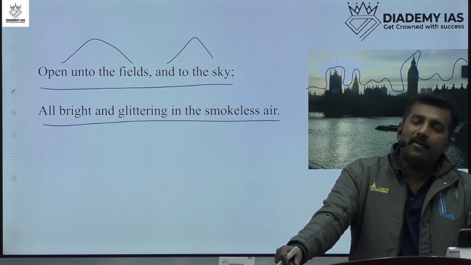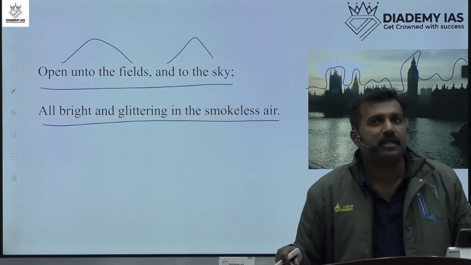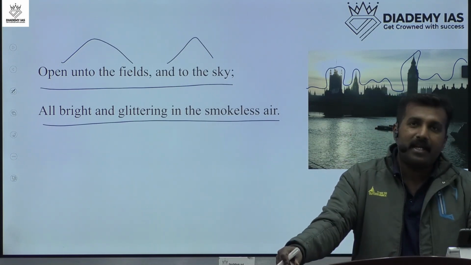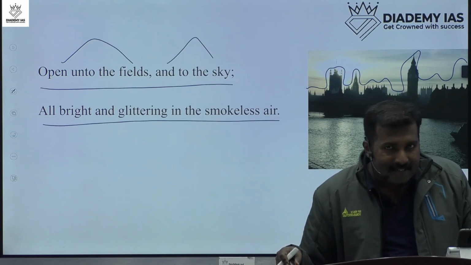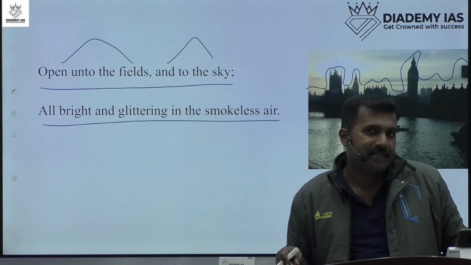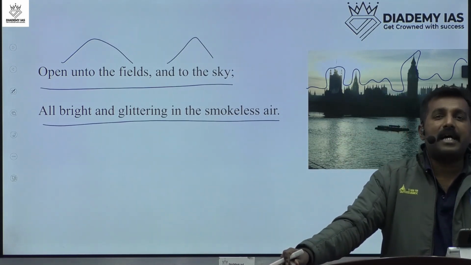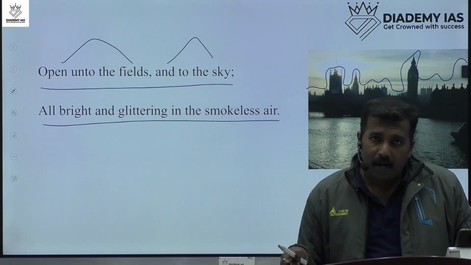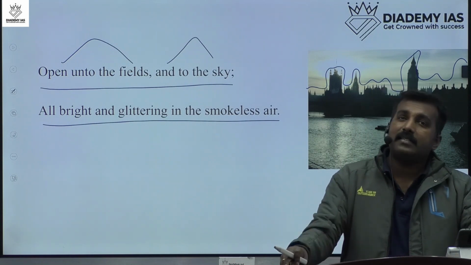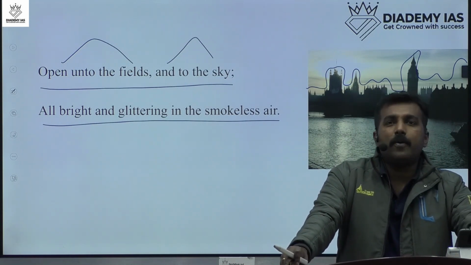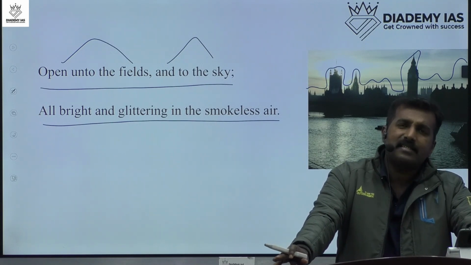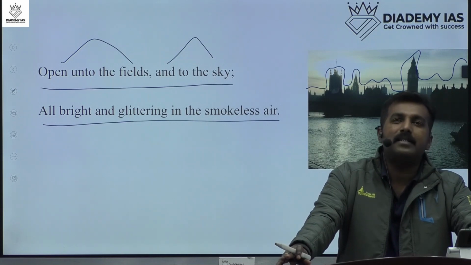Both William Wordsworth and his sister Dorothy are in that place, and they enjoyed the beauty, and the city is silent, calm, quiet. And at the same time, the buildings are closed, factories are closed, and offices are closed, right? So all over the place, we can see the calm and quietness, calm and quiet, silent.